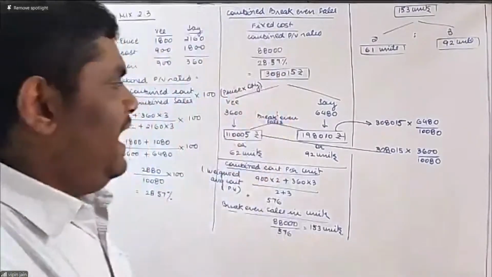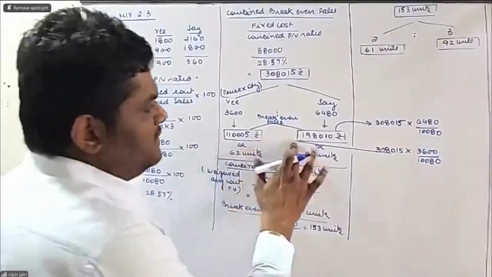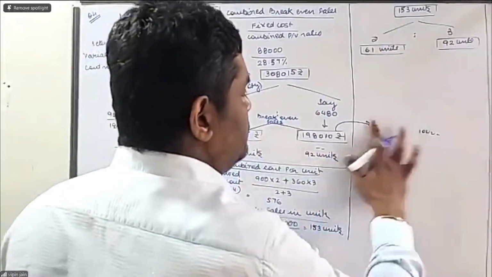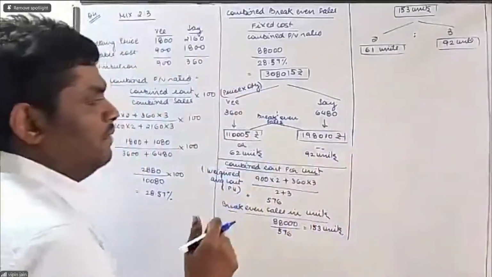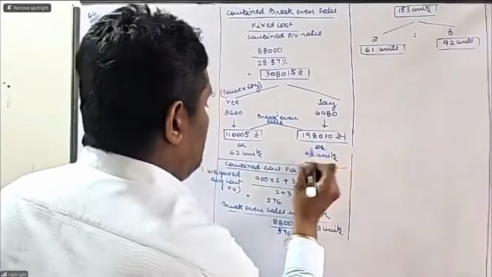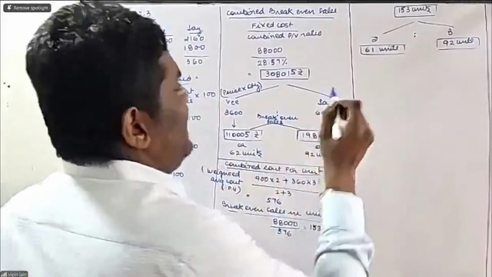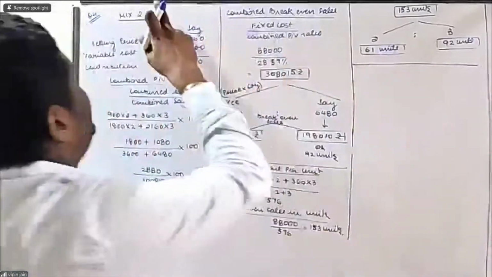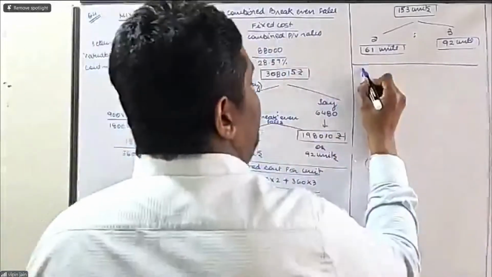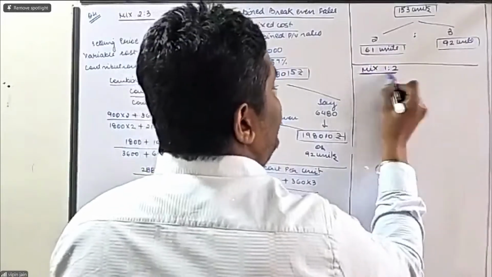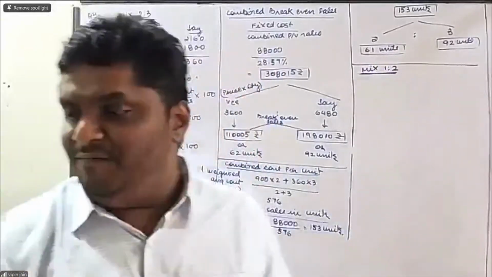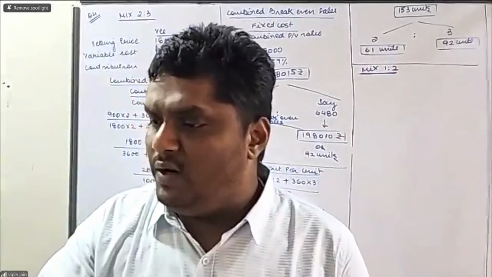So now, see, I hope this part is clear to all now. I have solved this question using the mix 2:3. If we keep the mix 1:2, what will be the answer? Waiting for your answers now. If the mix is 1:2, what will be the answers?